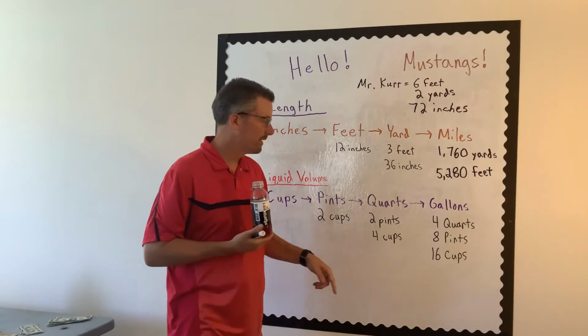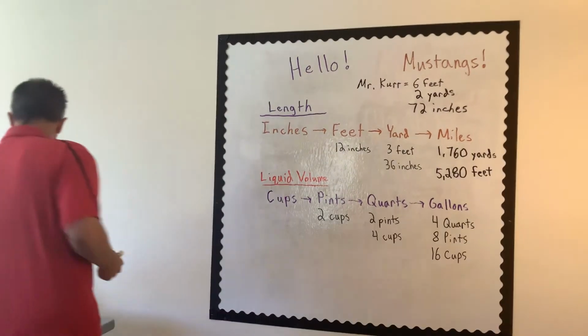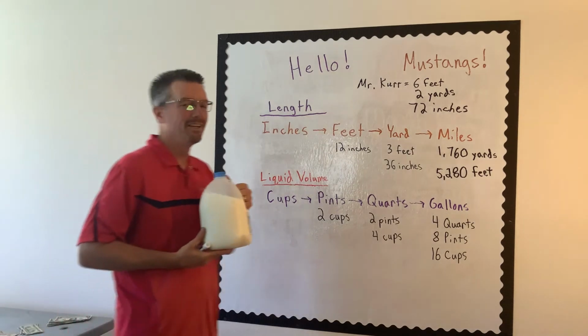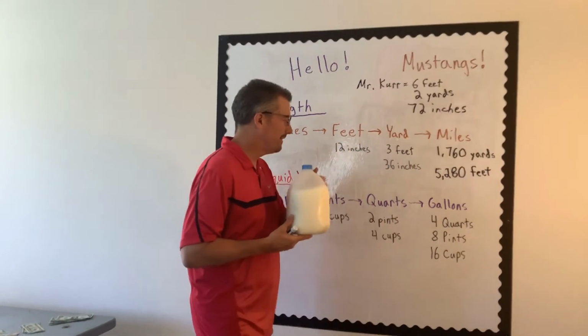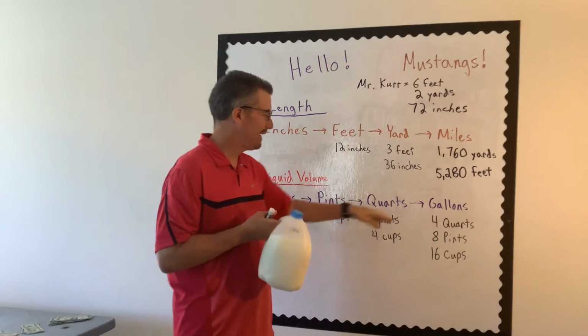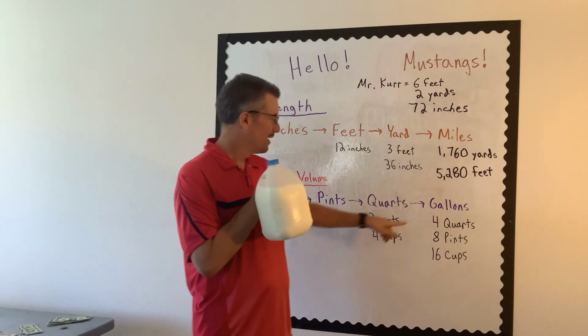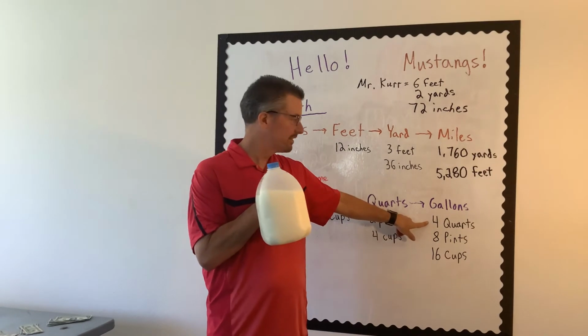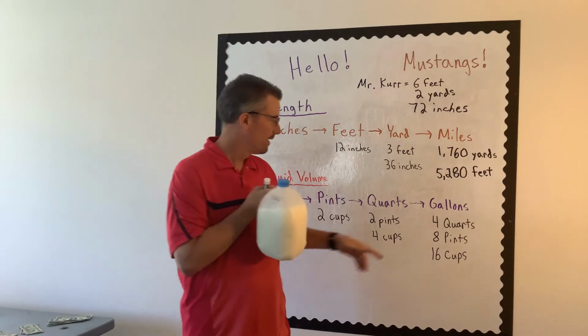Let's look at a gallon. And I have a gallon here, a slightly drank gallon of milk. In this gallon of milk, based on all these conversions, this is 1 gallon, but there are 4 quarts in a gallon. So I have 4 quarts in this gallon container.